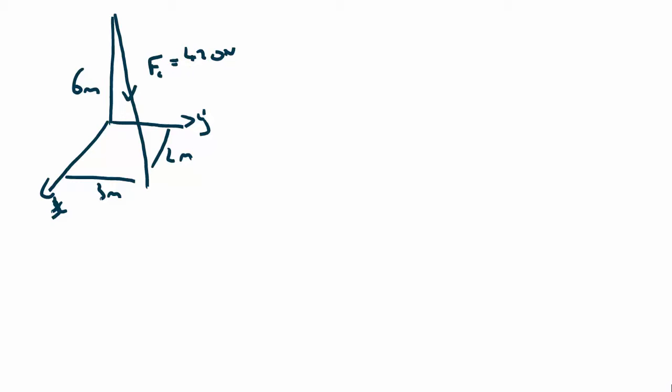So you haven't got much information, but if we call this point A in the diagram, and this point C, you can start to find some details about some position vectors. So r AC, the position vector, is how you get from A to C. Well, in the x direction you're moving 2 meters, so 2i.